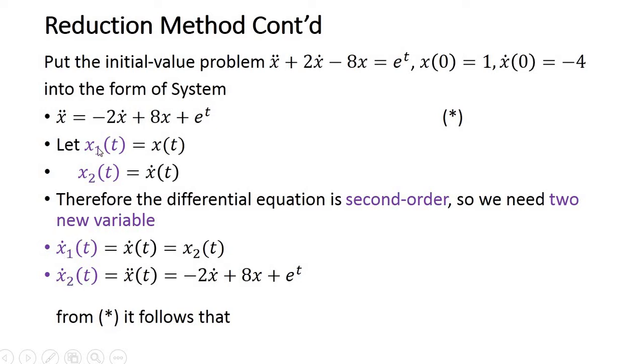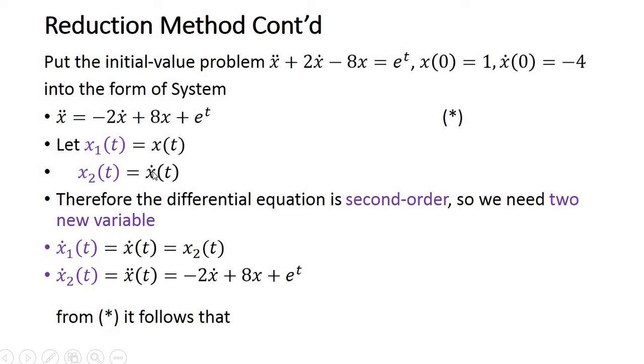If you differentiate x1, you get x prime. But you know that x prime equals x2, so x1 prime equals x2. Coming to the second one, if you differentiate x2, you get x2 prime.